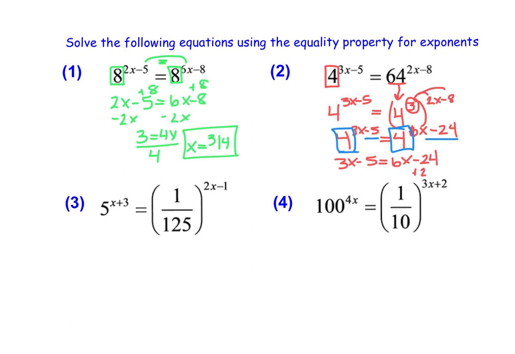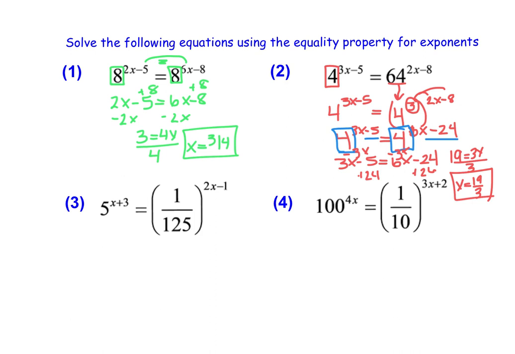We would then need to add the 24 over, subtract the 3x over. So we end up with 19 equals 3x, divide by 3, and x is equal to 19 over 3. And you can find what that is as a decimal too, but you can leave it as a fraction.